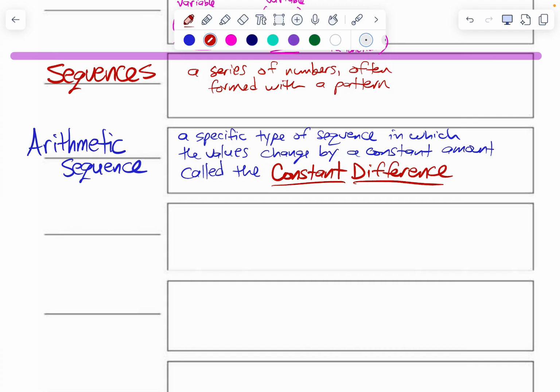What was the constant difference in the pattern for the fabric for each row? What was it? Oh, 2. Up 2. So each row, we were adding 2 more shaded squares, right? So the constant difference was 2 shaded squares for each row.